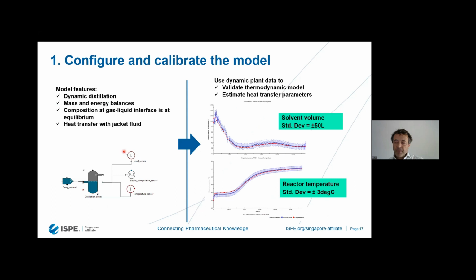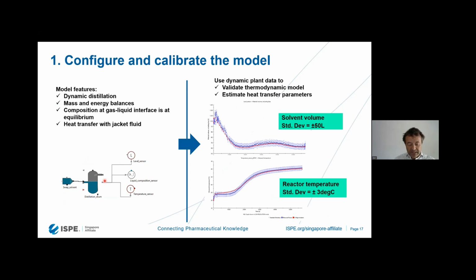So the model is a standard model in the library of the software. And it has mass balances, it has energy balances, it deals with heat transfer, heat losses, and of course, the most important thing is it calculates the vapor-liquid equilibrium within the drum.